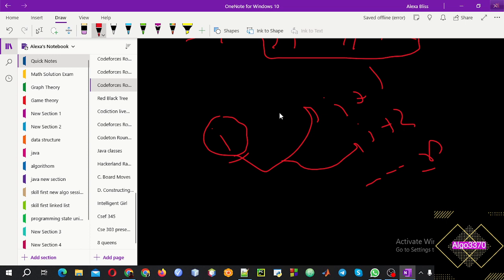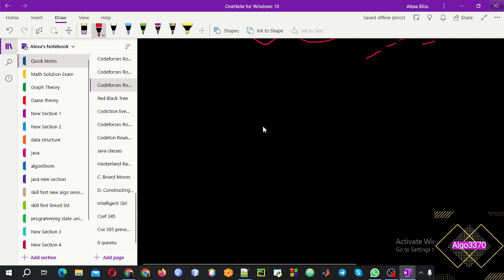How can we understand that a vertex P is connected with all other remaining n minus 1 vertices? With the maximum value of C.